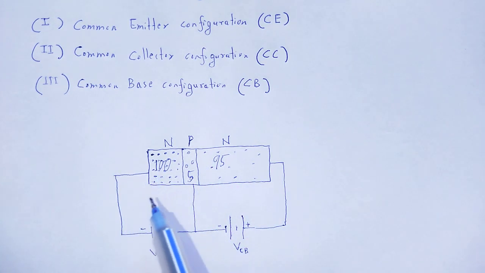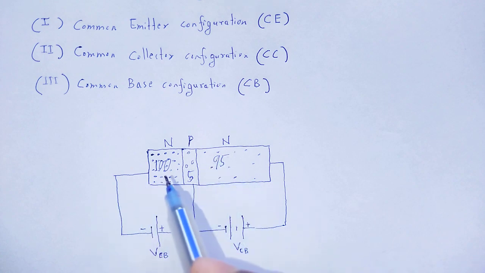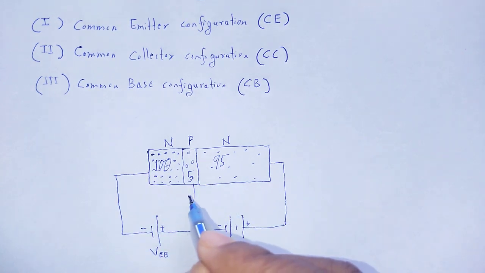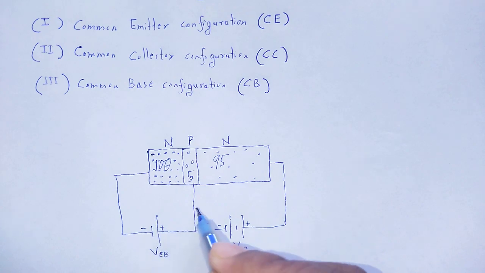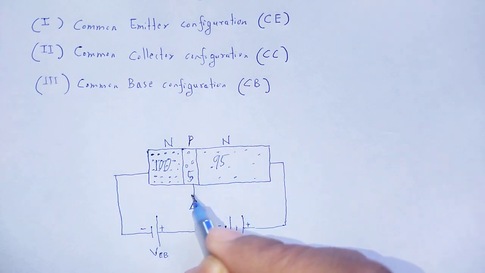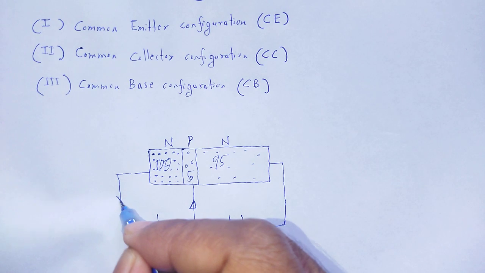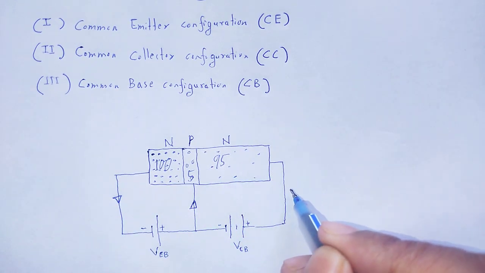Since we are concerned with conventional current, the conventional current direction is just opposite to the direction of flow of electrons.